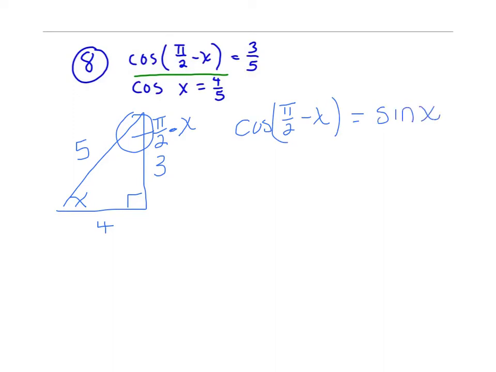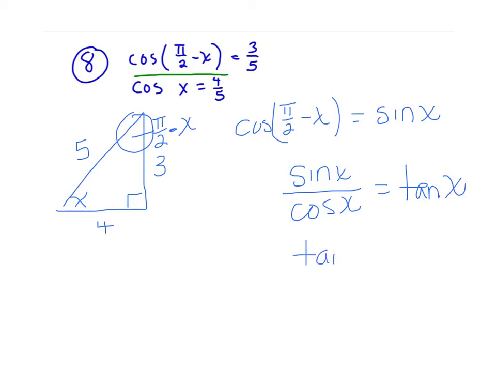So this says sine x over cosine x, right, which is tangent x. And if you look at tangent x on the triangle, it is opposite over adjacent, or 3/4. So that's what they're asking for in this particular problem.